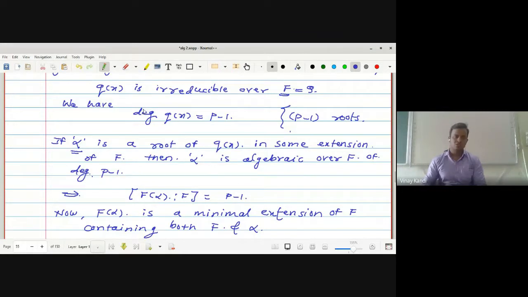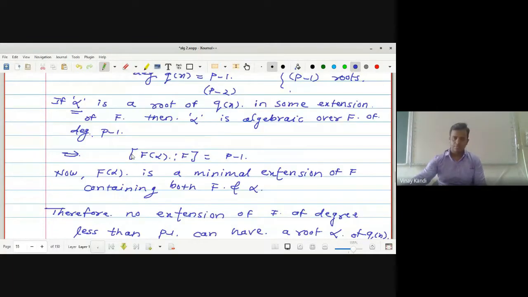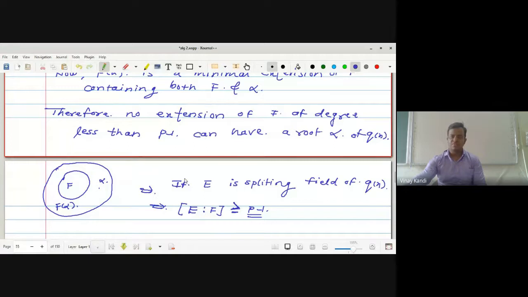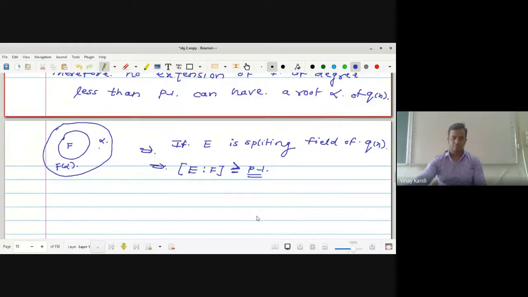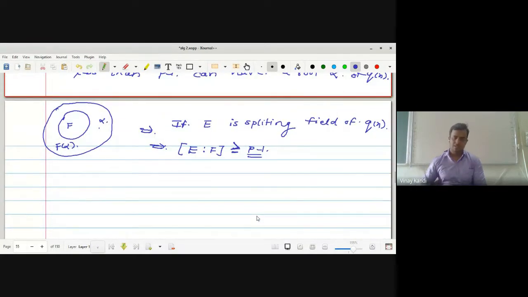There are still p minus 2 roots remaining, which we must adjoin to F. So if E is the splitting field of q of x, then the degree of E over F is always greater than or equal to p minus 1; it will not be smaller than this.